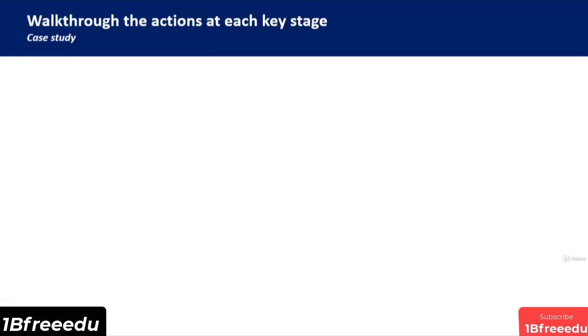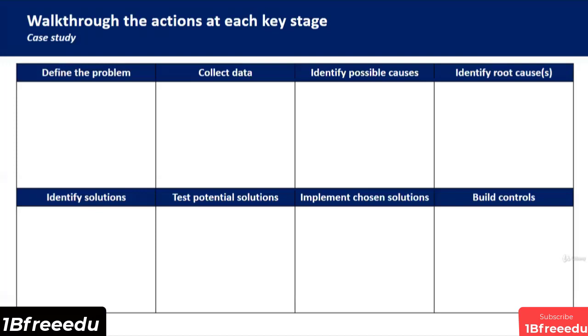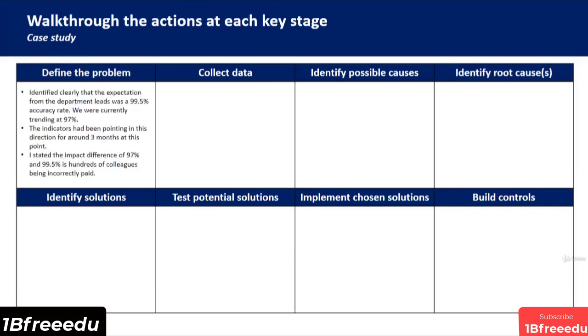The way in which we actually conducted this root cause analysis was using that 8-step process, to make sure that we knew what we needed to do at this stage. So firstly, we defined the problem. I identified clearly that the expectation from the department leads was a 99.5% accuracy rate. Now we were currently trending at around 97%. So therefore, I clearly defined this is our problem.